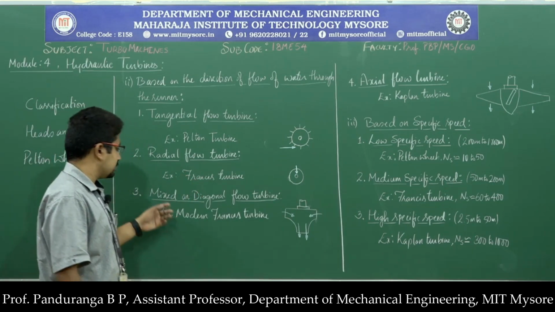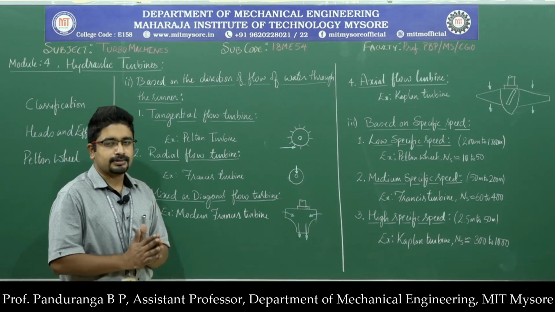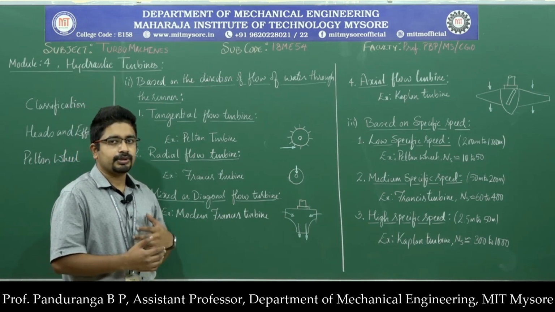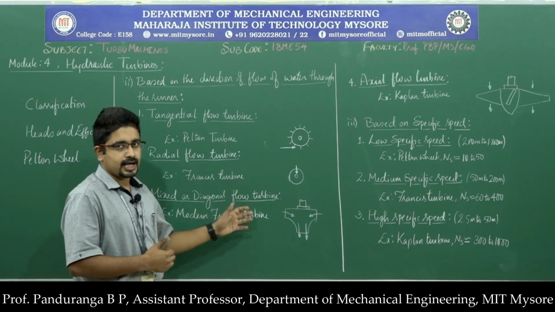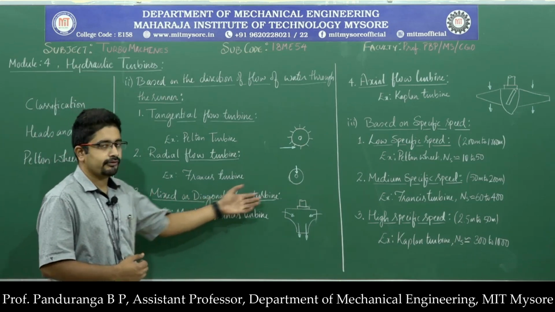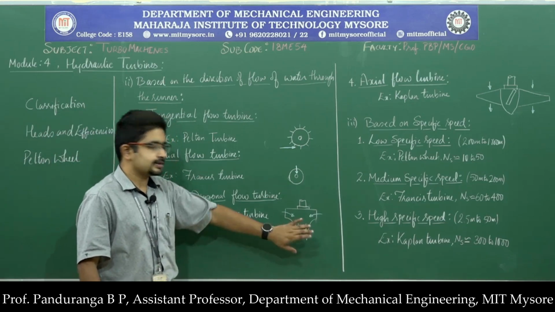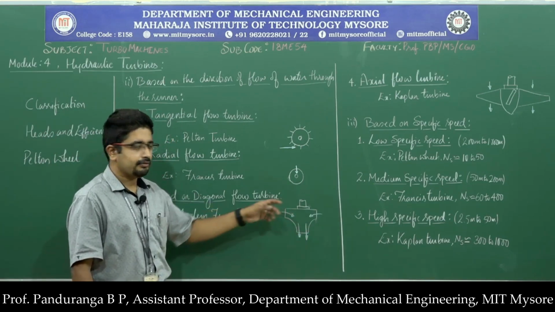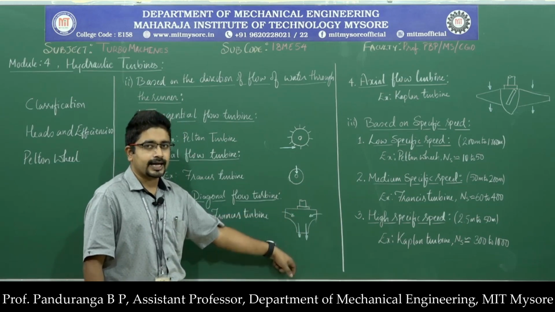And then we have the mixed or diagonal flow turbines. So as the name indicates, here the flow will be radial as well as axial to the shaft. So these kind of turbines we call mixed or diagonal flow turbines. And here you can see that this is a modern Francis turbine where the water enters radially inwards and leaves axially.